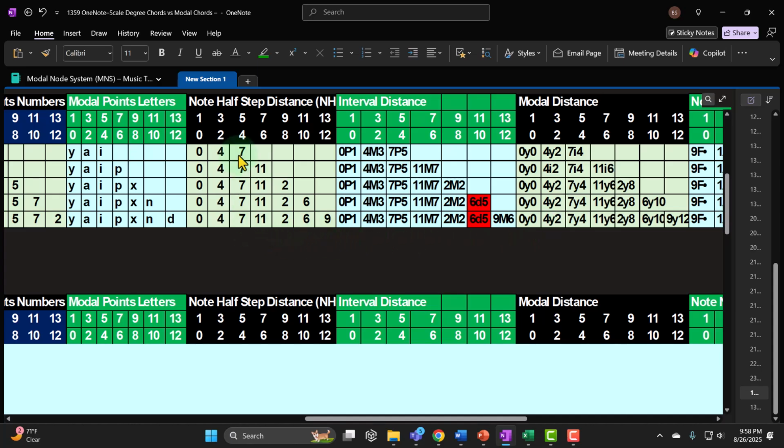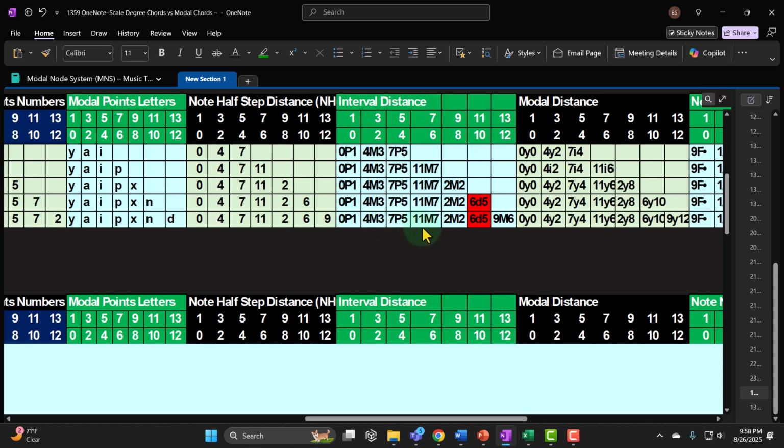If we go 4 modal half steps up, it would be the 5th scale degree. It would be 7 notes up, 7 note away perfect 5th, or 7 note away from the Lydian node, 4th modal half step. If we go 6 modal half steps up, it would be a 7 scale degree, 11 notes up.